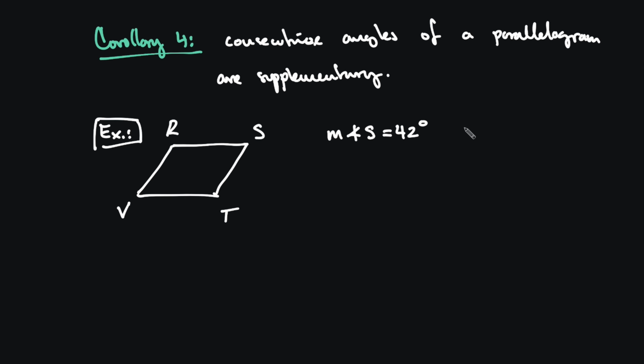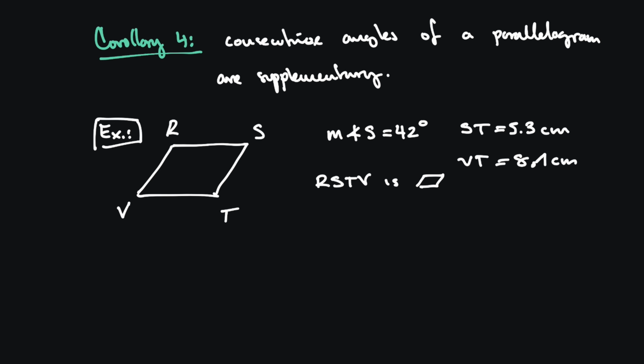We know that ST is equal to 5.3 centimeters. And we know that VT is equal to 8.1 centimeters, all right? And remember, RSTV is a parallelogram. This is really important.